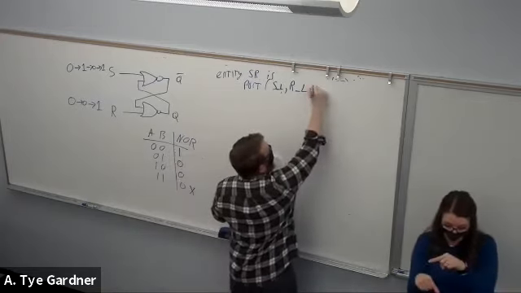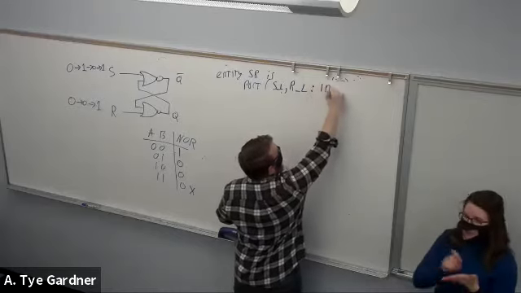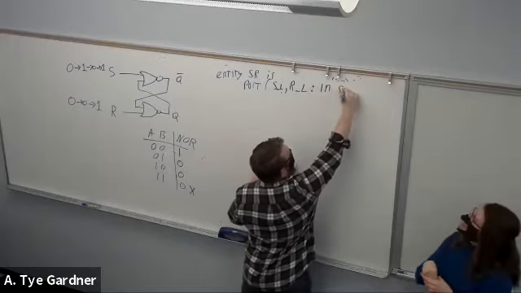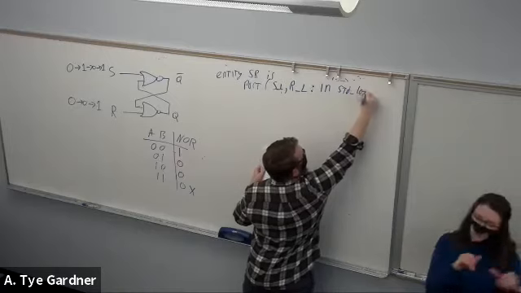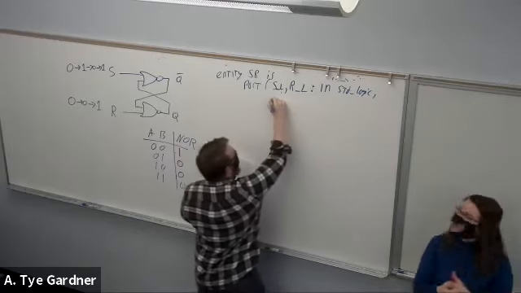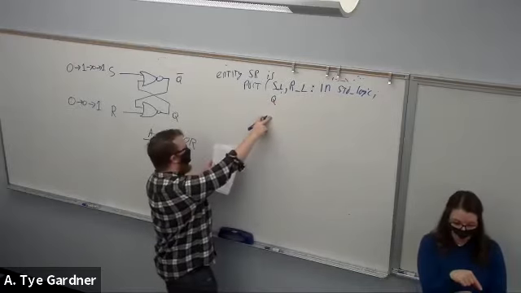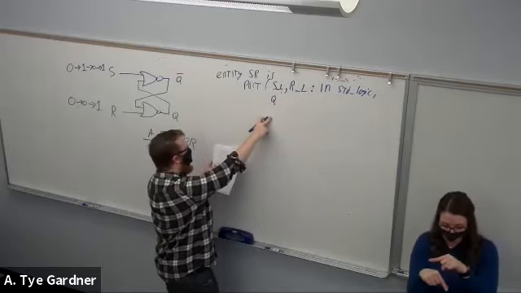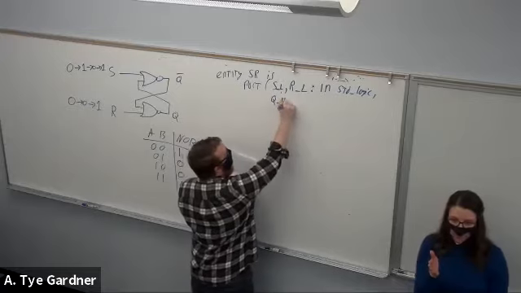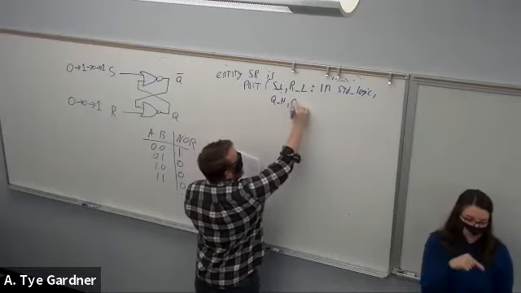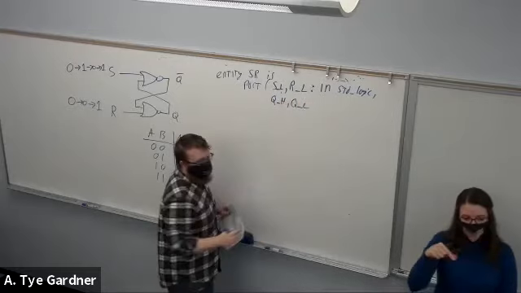Oh, I guess I should write the in as standard. And then we're going to have Q, and Q and Q bar are both going to be, well, we have a Q high and a Q low, right, for Q and Q bar.